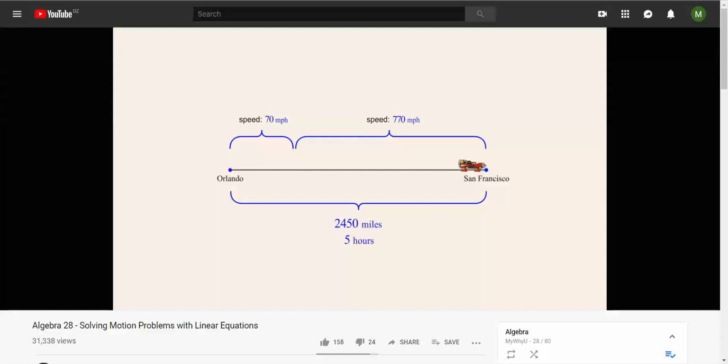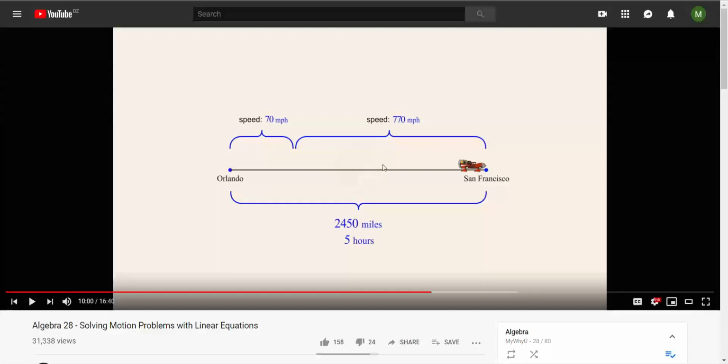Fortunately, using algebra, it is possible to calculate how long he has traveled at each speed.